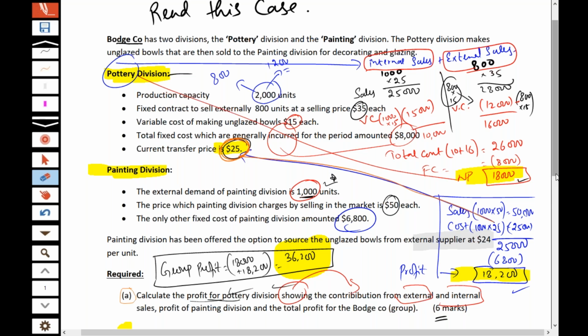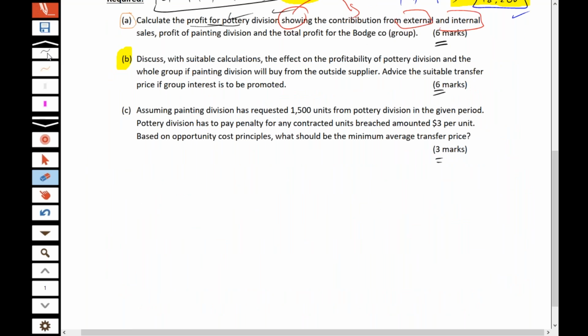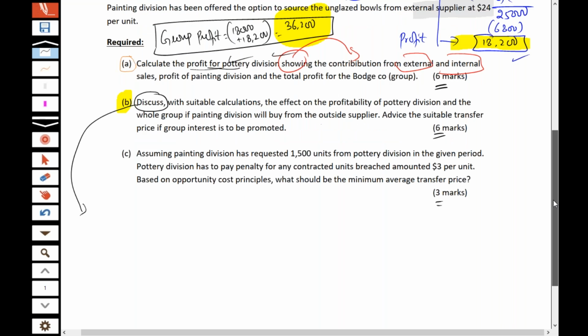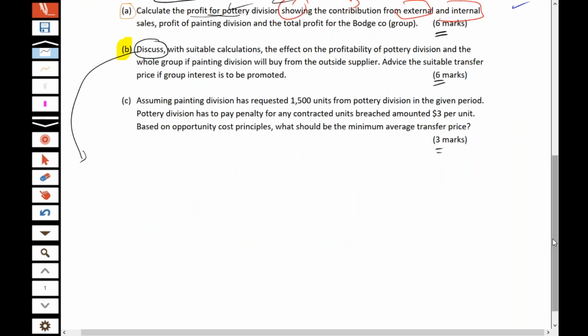Now listen to me very carefully. The next part of the question is discuss. Now you have to discuss. I will be writing points here, and in the last two sessions, I taught you how to write in an examination, and you do not need to worry about that.